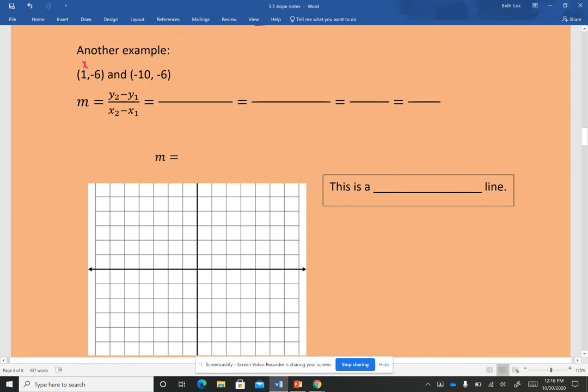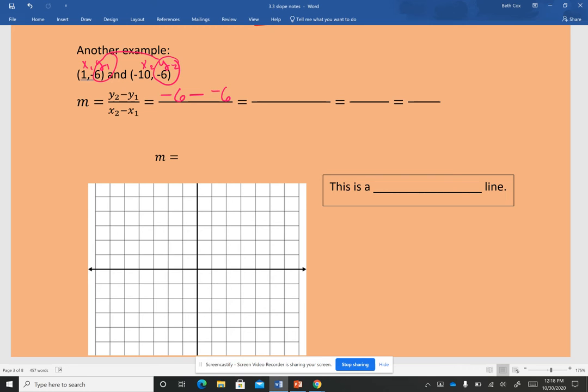Okay, so this is an x and this is a y. This is an x and this is a y. But this is our first one, and this is our second one. Okay, so now I'm going to put my points in my formula. I'm going to do y2 minus y1. So that'll be negative 6 minus negative 6.